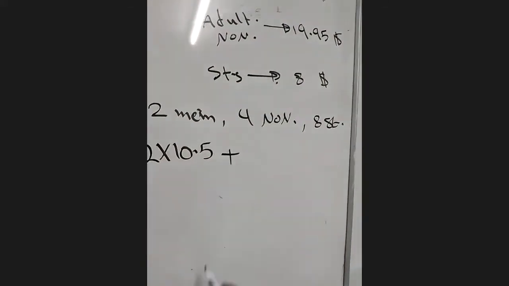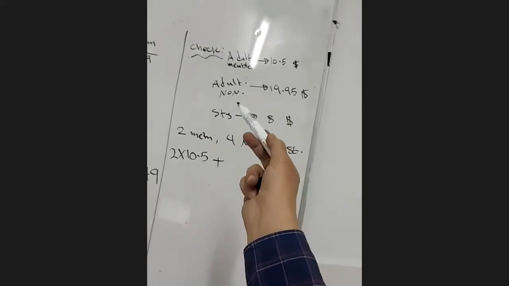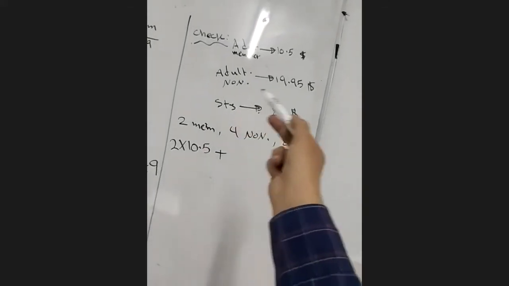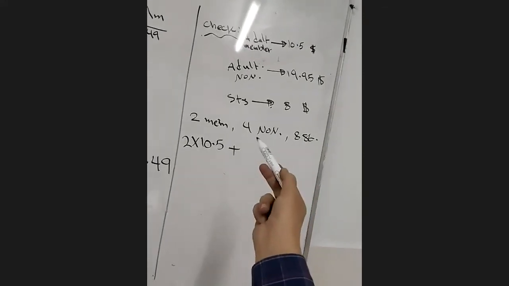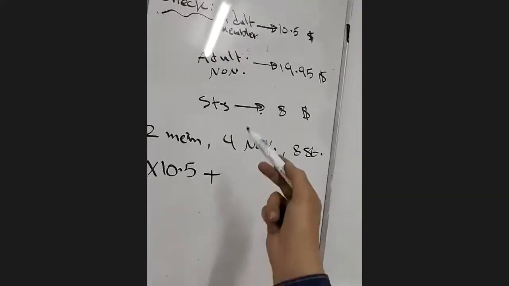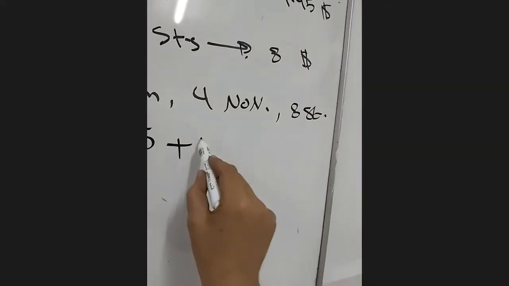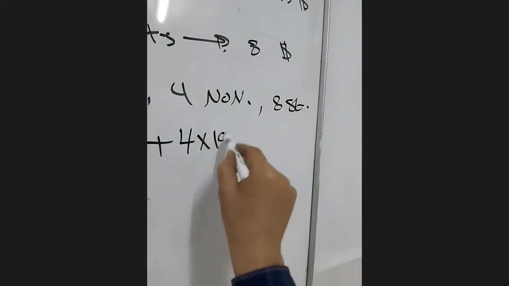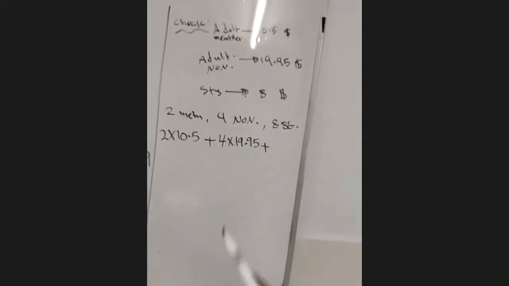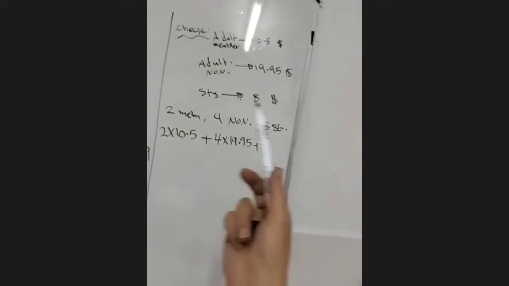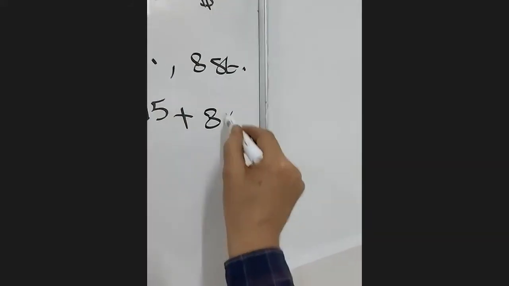Plus, now the adult who is not a member is 19.95. If we have 4 non-members, it's 4 multiplied by 19.95. And for the one student, 8, if we have 8 students, it will be 8 times 8.